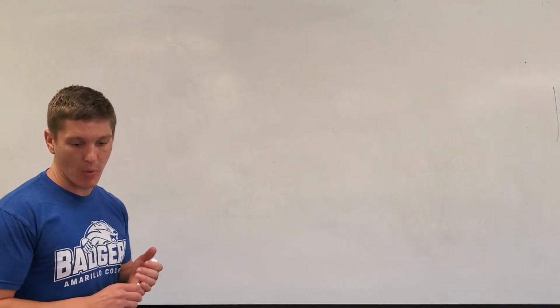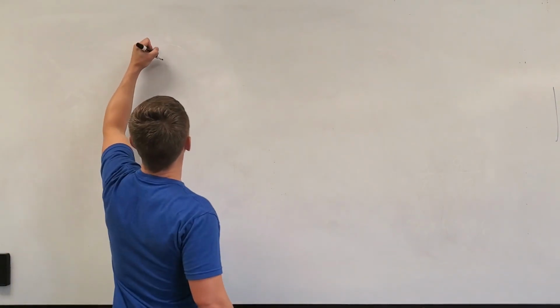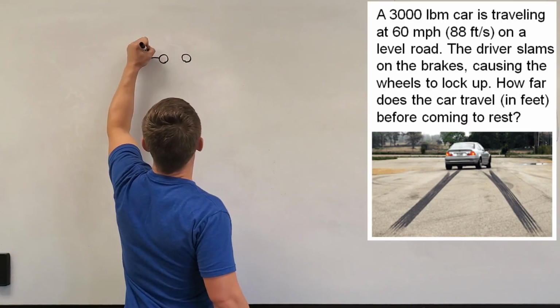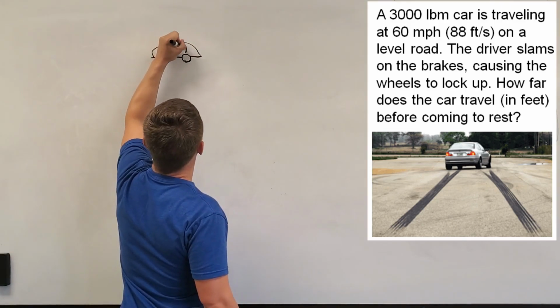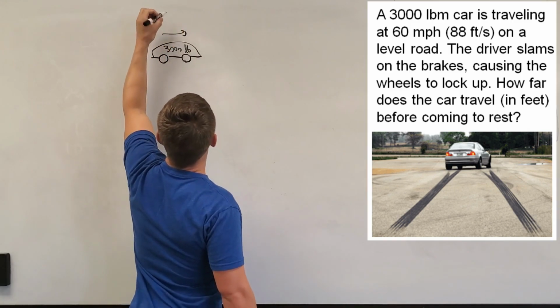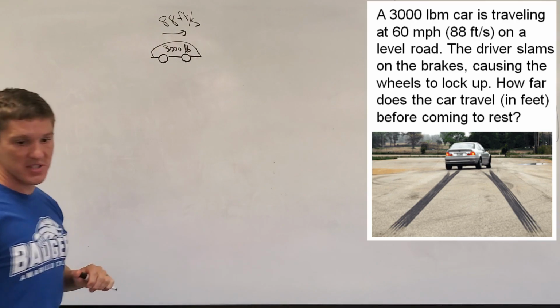So let's work an example where we have a 3,000-pound car traveling. So here's my car. It's 3,000 pounds, and it's traveling at 88 feet per second, as the problem states.